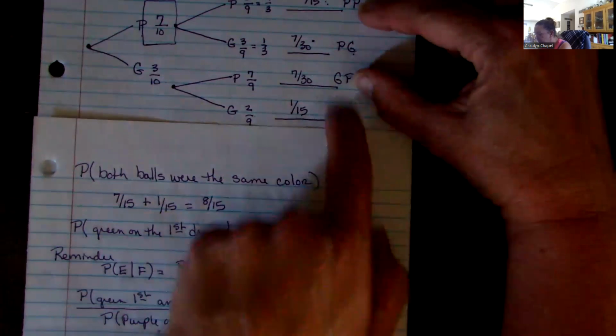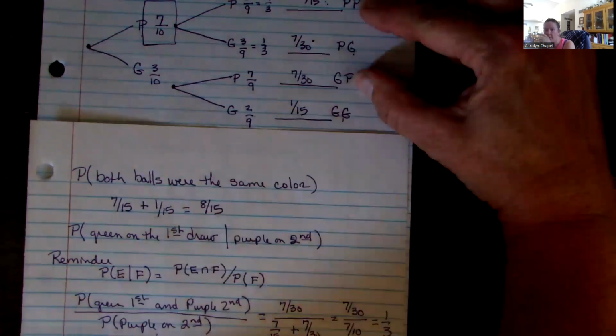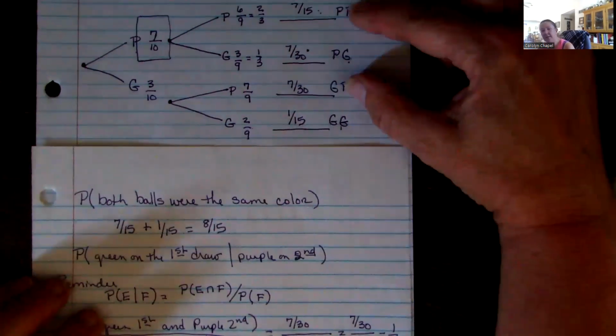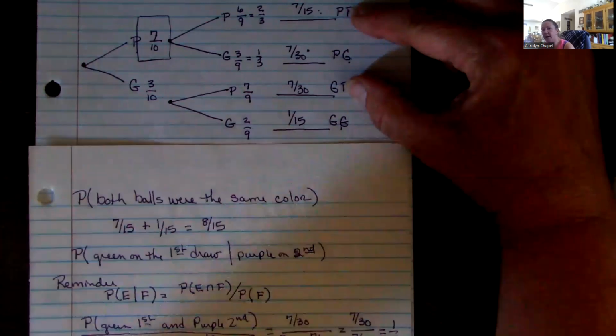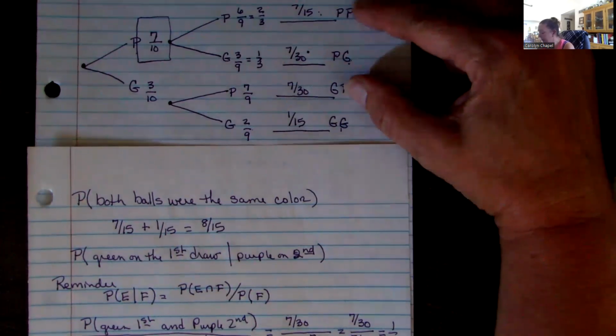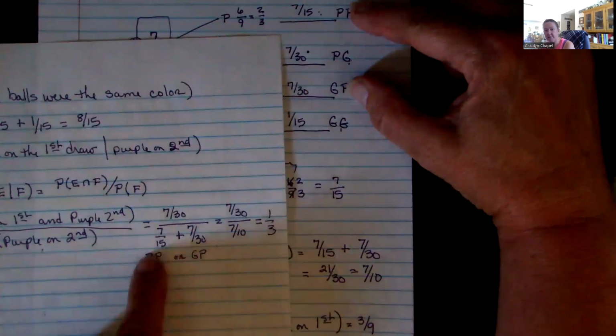So I'm throwing these two away because they're not important to this problem, because I already know I got a purple on the second round. So out of these two, and to combine mutually exclusive events, we have to add their probabilities. So we'd add those two on the bottom.